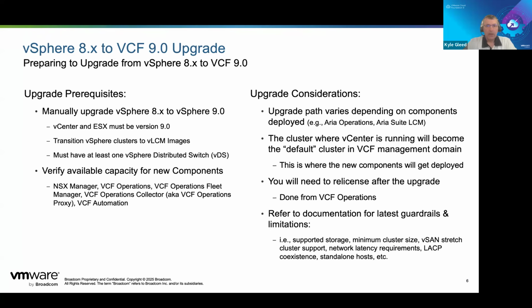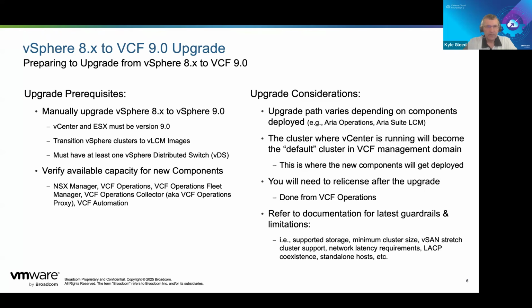Okay, upgrade considerations. As we've already seen, the upgrade path will vary depending on the components that you have deployed. The 2 that we're primarily concerned with when it comes to upgrade are the operations and the ARIA Suite Lifecycle Manager. When you bring an existing vSphere environment in and converge that into a VCF management domain, keep in mind the cluster where the vCenter server is running will become the default cluster in the VCF management domain.